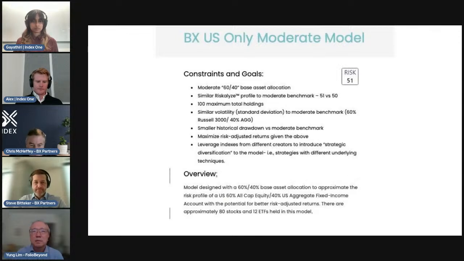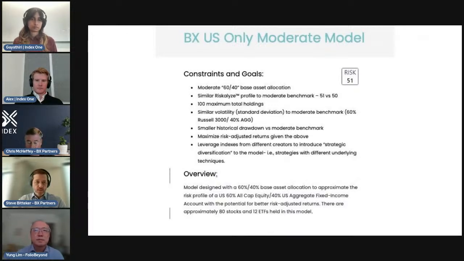So we're going to hear from Young a little bit later about the FolioBeyond dynamic volatility strategy, which has dramatically outperformed the aggregate and really helped clients meet their goals much better than what a default position would have been. Moving to the equity side, we've got 12 different portfolio creators that we've chosen from around the world that are all outstanding at delivering certain types of investment strategies.